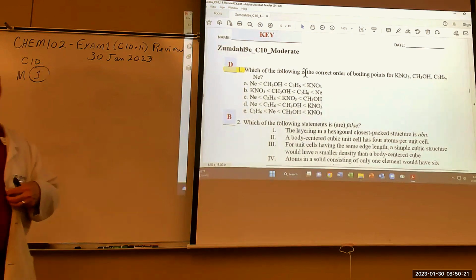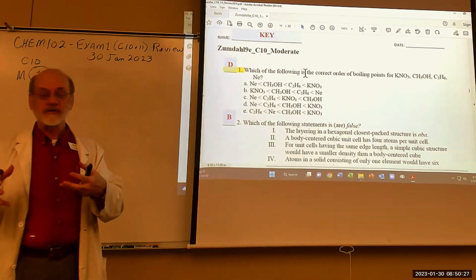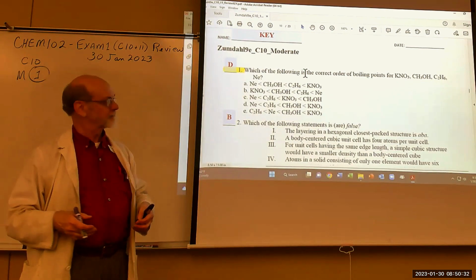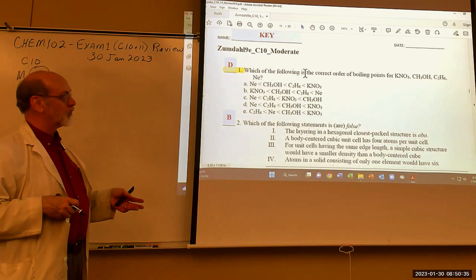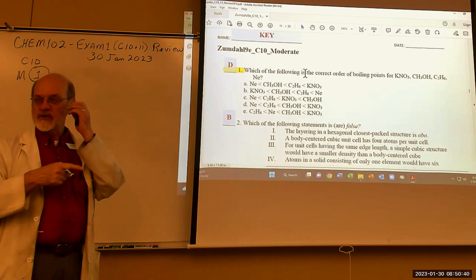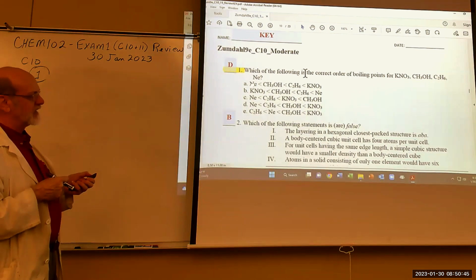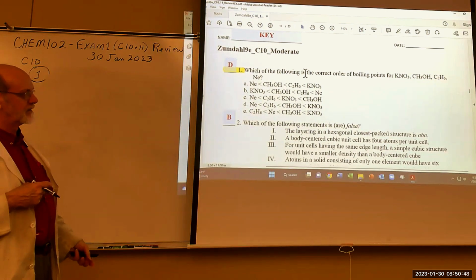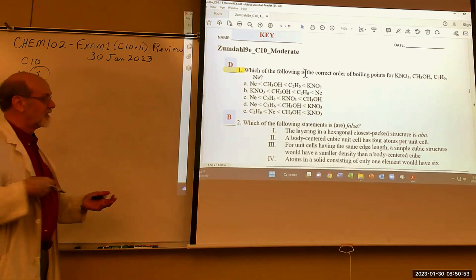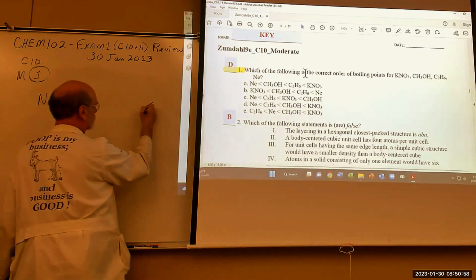Well, this is one Morgan's familiar. You know, my approach to something like this, when you want to put them in order, is nail down the ends. Okay. Which one has the highest boiling point? Which one has the lowest boiling point? And then you've got 4 of them, so they'll just have to decide which way do the other 2 go. Which one has the lowest boiling point? Has to be neon. It's a noble gas. It's a small nonpolar atom. So neon ought to be the least. How about the greatest?